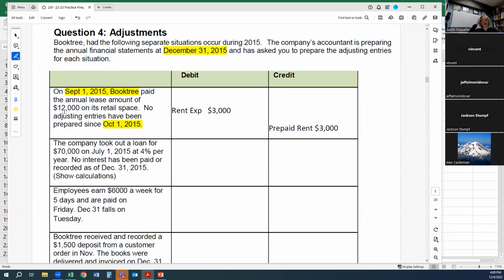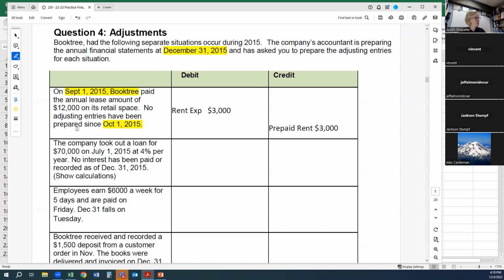Okay. All right. So how much is it a month if you pay 12,000 a year? 6,000. Wait. Is it 1,000? So 12,000 for 12 months is how much per month? Oh, 1,000 per month. Correct. Okay.